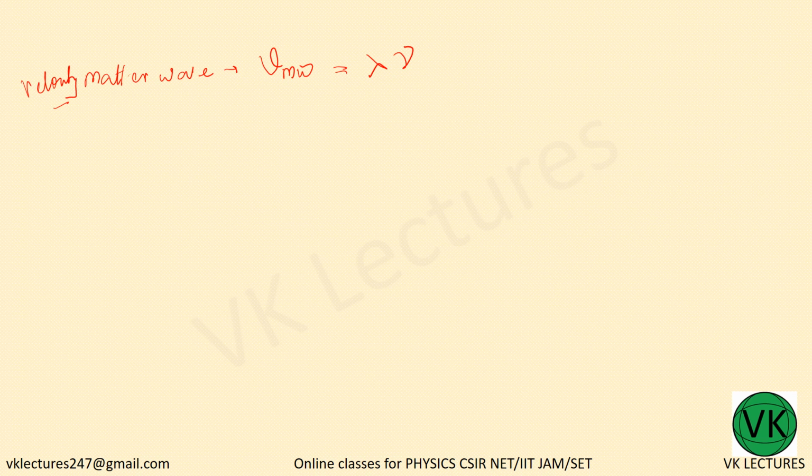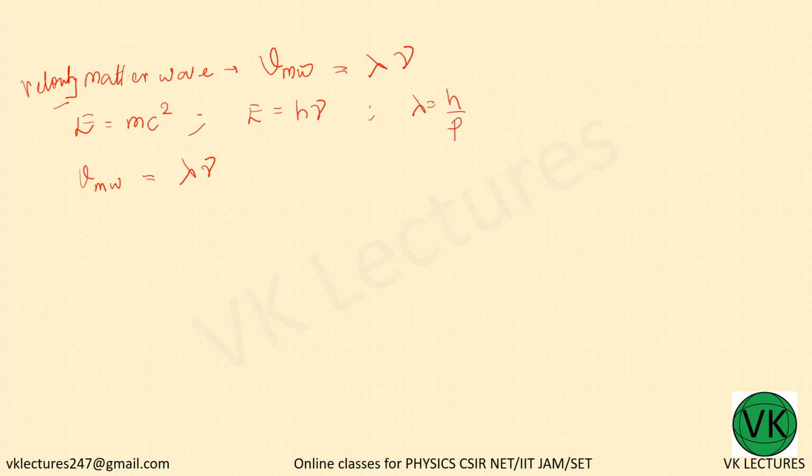It will give you the velocity. Now we already know we have two equations. E is equal to mc square, that is for matter, and similarly E equal to h nu for radiation. And what is matter wave velocity? It is equal to lambda times nu, and we have another formula, lambda is equal to h by p.